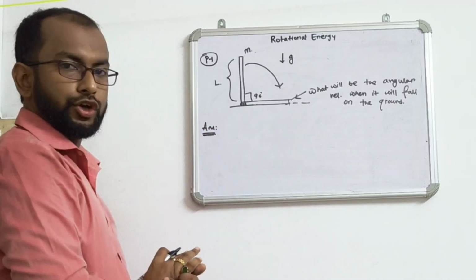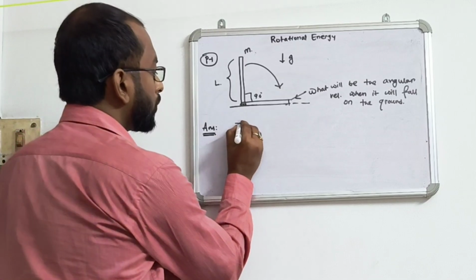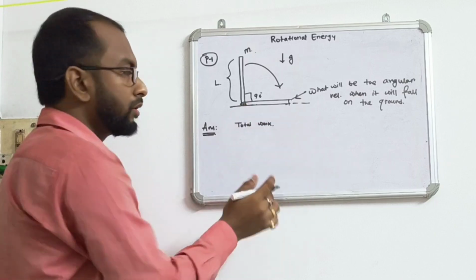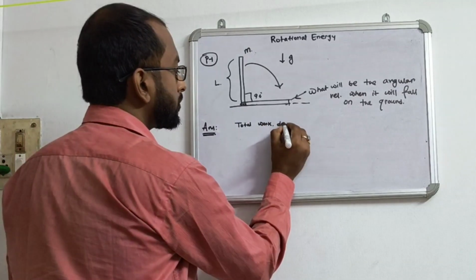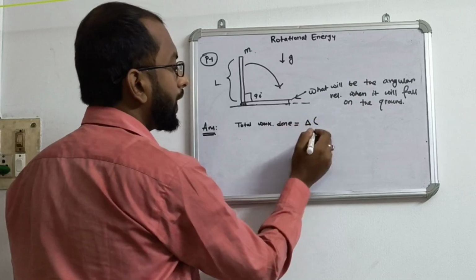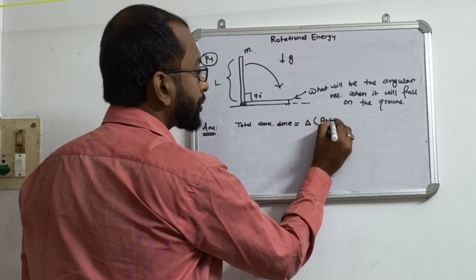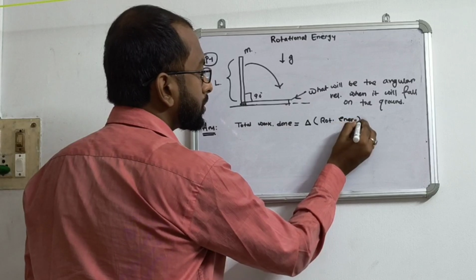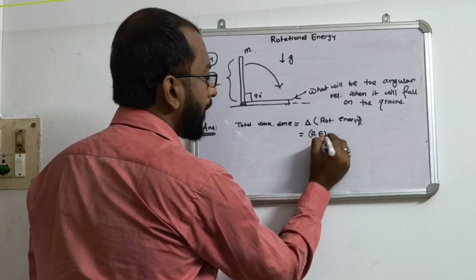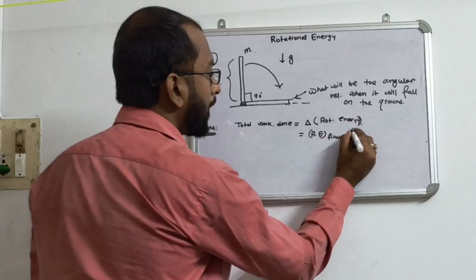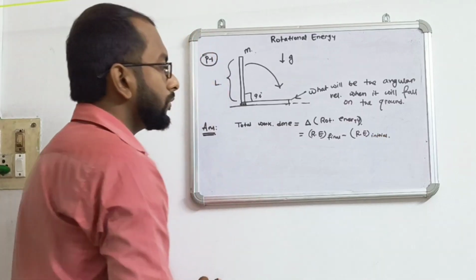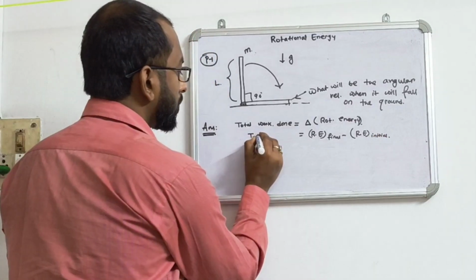Now see, from the work energy theorem, we know that the total work done by all the forces or all the torques will change, we will write delta of rotational energy. That means rotational energy final minus rotational energy initial equals total work done.